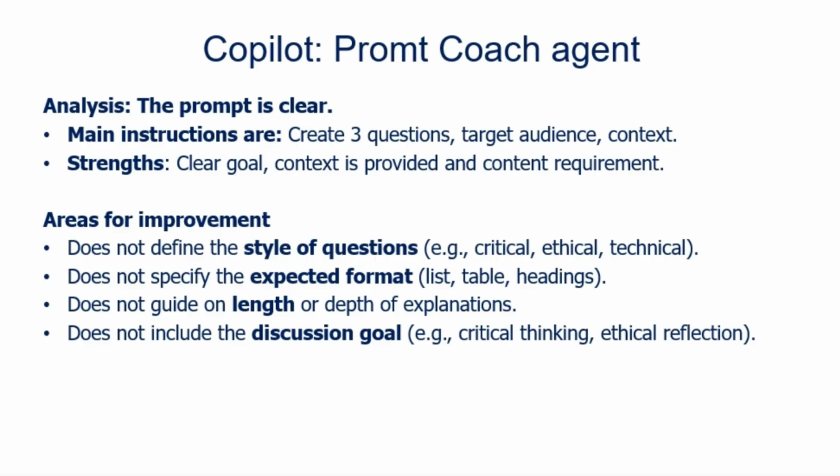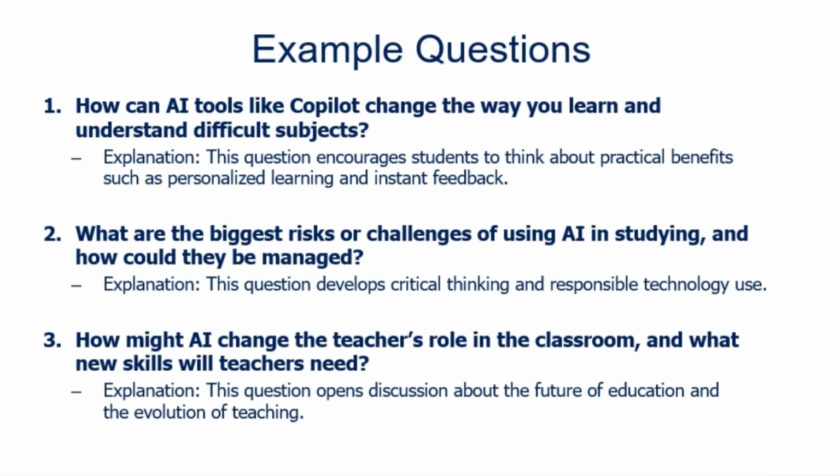And after that, it gave me 4 example questions like, how can AI tools like Copilot change the way you learn and understand difficult subjects? Or what are the biggest risks or challenges of using AI in studying, and how could they be managed? And the third one is also very good, that you make your students think about the teacher's role. How might AI change a teacher's role? So that's how it works.